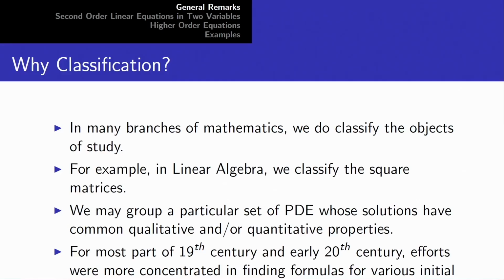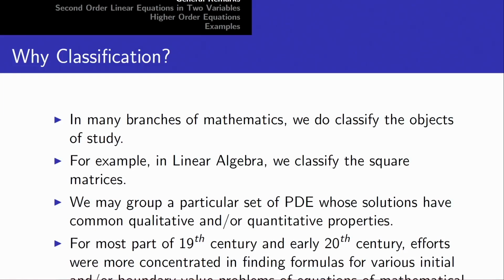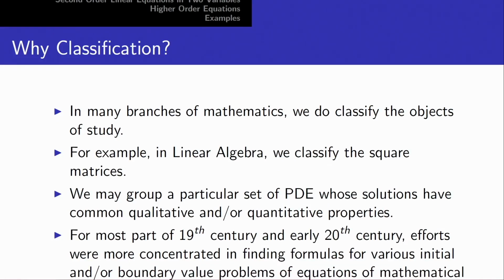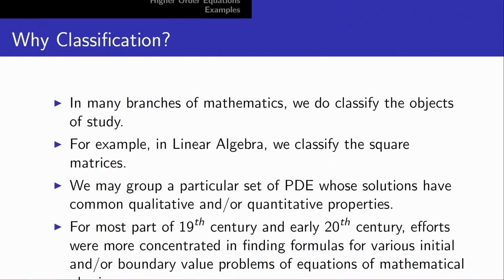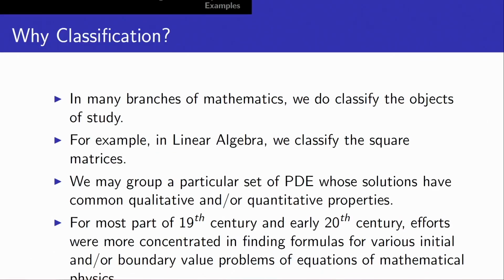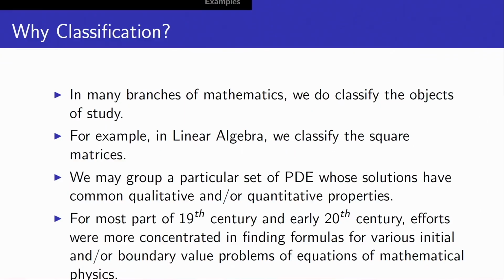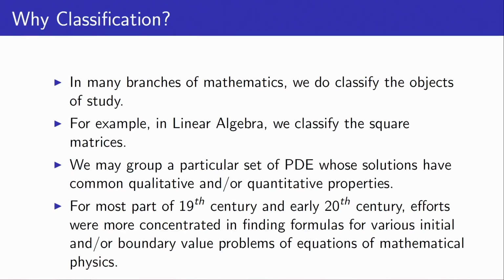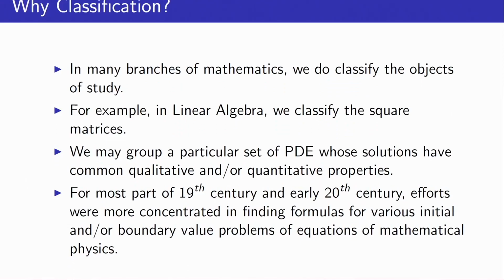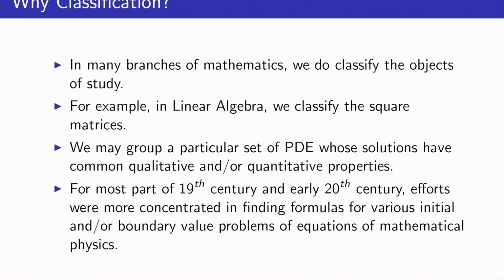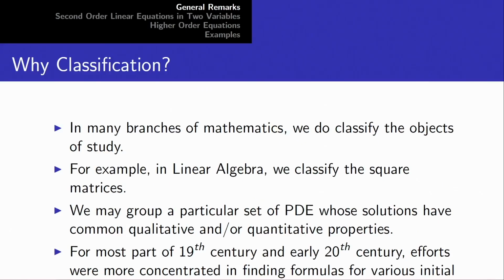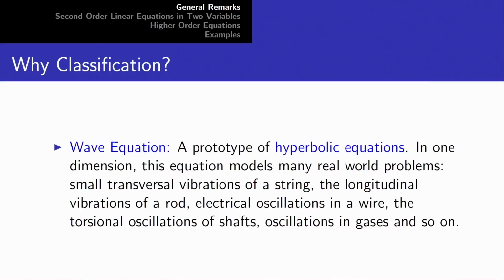For most of the 19th century and early 20th century, efforts were more concentrated in finding formulas for various initial and/or boundary value problems of equations of mathematical physics. And that is the reason in that period people essentially concentrated on three types of equation.